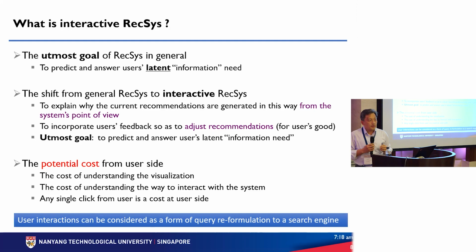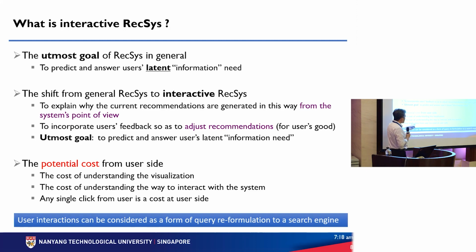So ideally, with a recommender system, if the system is good enough, it should predict the items which I'm interested in at the top position. I click it, pay for it, that's it, right? That's the ideal situation. So now I need to interact with the system. Any click, any single word I provide is the user's cost. So this is my cost, right?